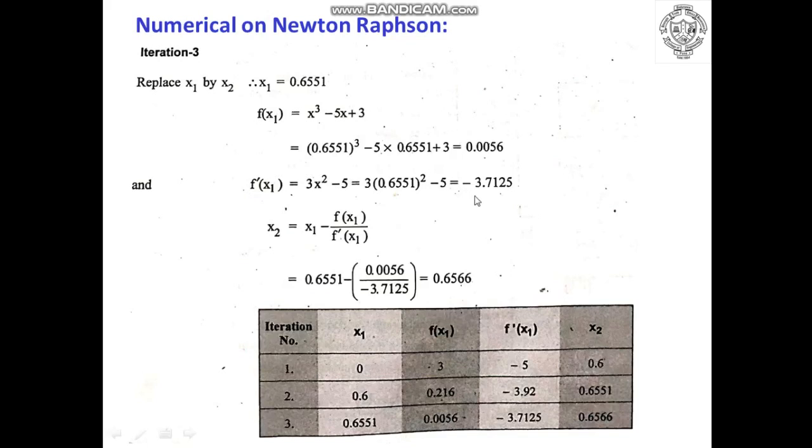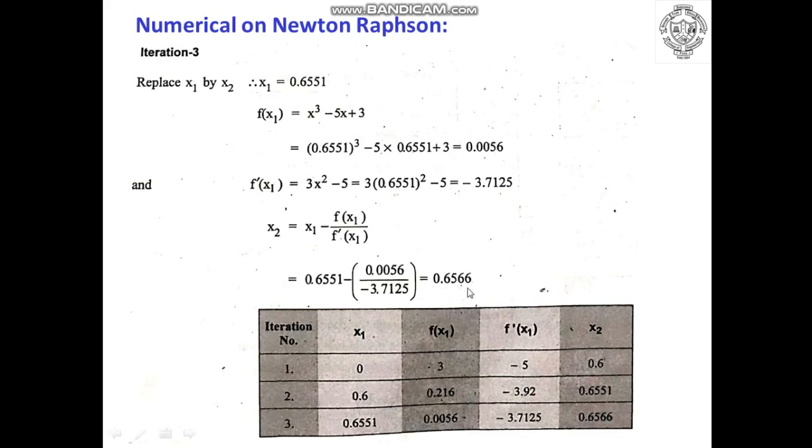We get f dash of x1 is equal to minus 3.7125. Now we have calculated value of f of x1 and f dash of x1, and x1 is known, you can find out value of x2. By putting all these three values in the equation of x2, I get answer as 0.6566. So we are at the end of third iteration, and we have found out value of x2 as 0.6566.